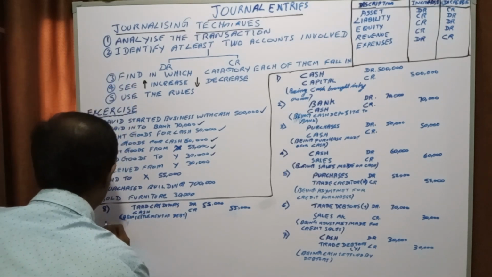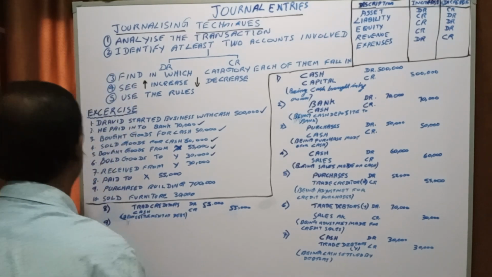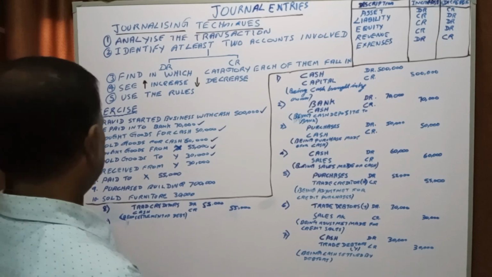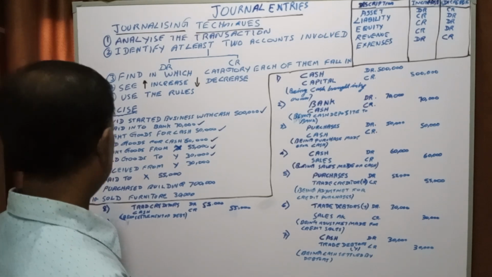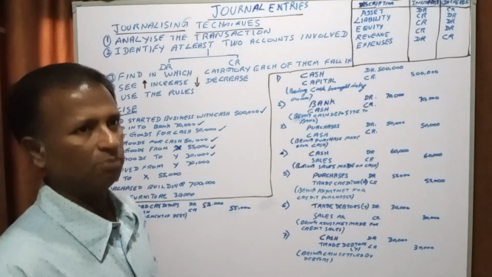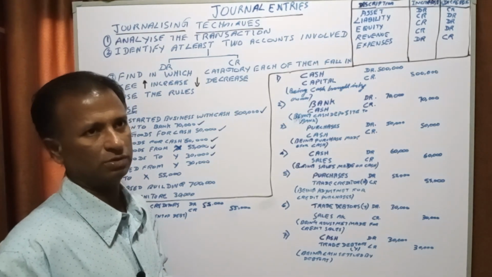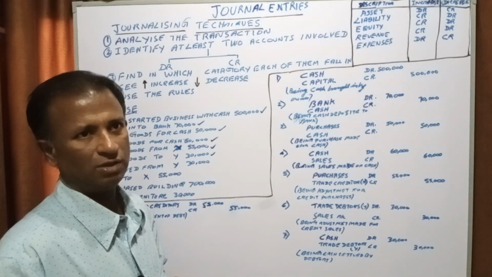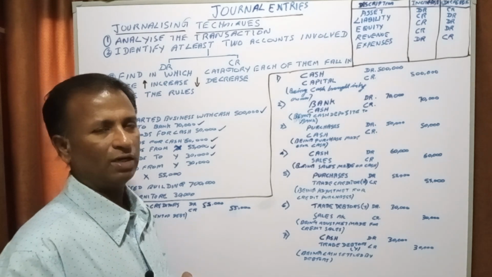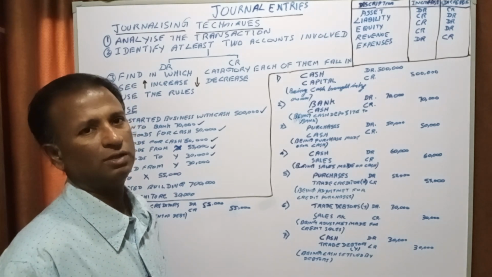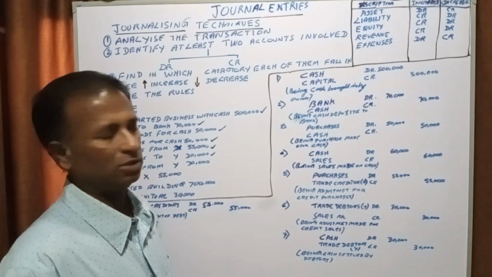Number 9, purchased building for 700,000. What are the accounts affected? One is building account, the other is cash account.